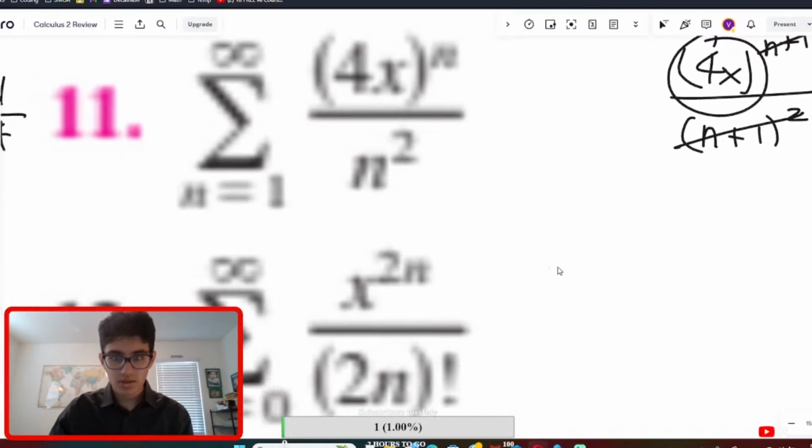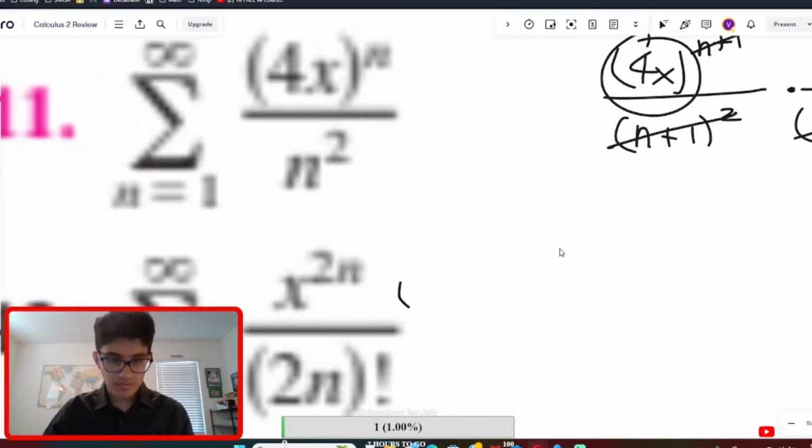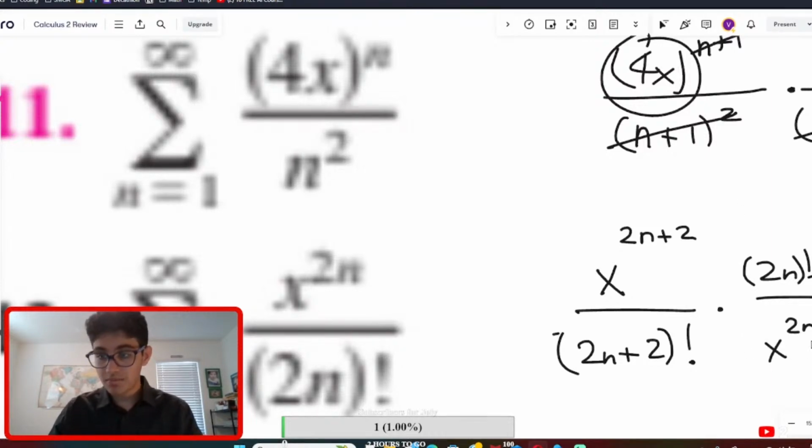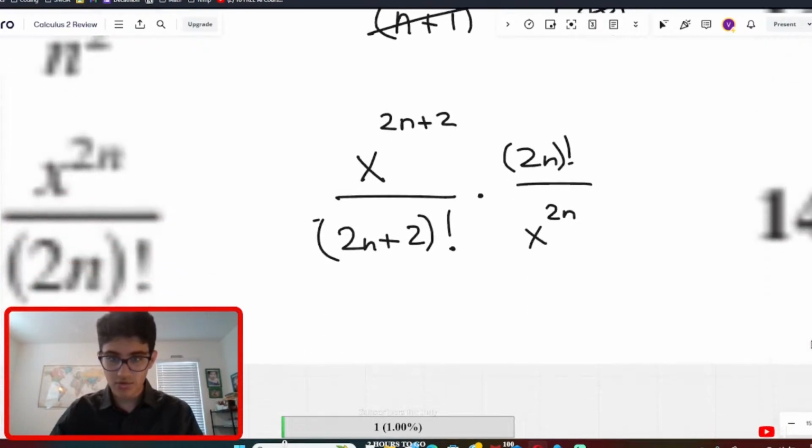So let's check this one. Here we have x to the 2n plus 2 because it's n plus 1, right? So it's 2 times n plus 1 over 2n plus 2 factorial. You're multiplying it by 2n factorial, brackets are necessary there, and x to the 2n. This seems a bit more interesting, right? Now we've got some more stuff to do.